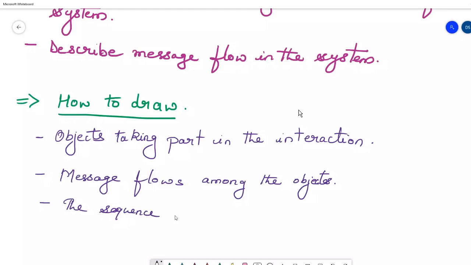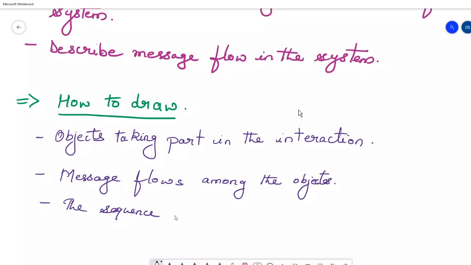Here this can be drawn in two different manners. There can be a message flow from the teacher side, where the teacher may ask some question and the student is answering it.